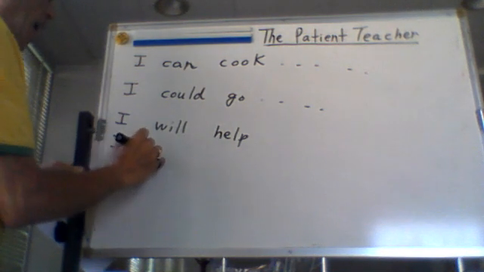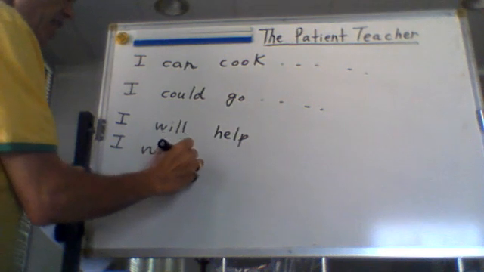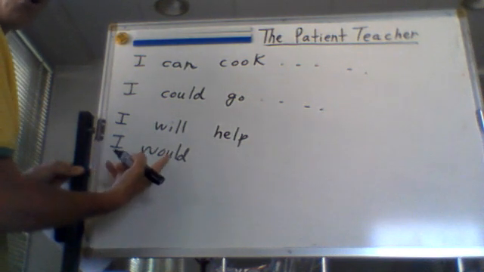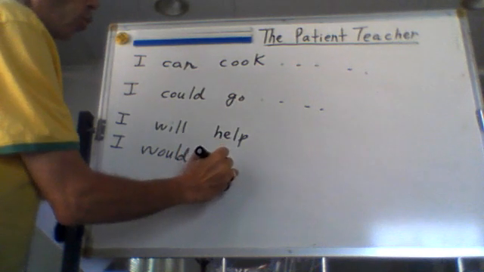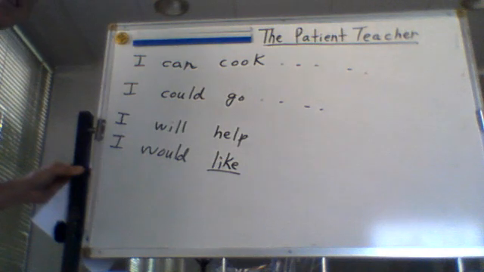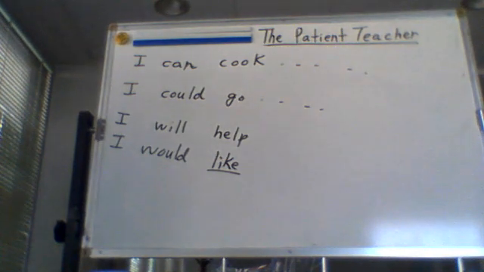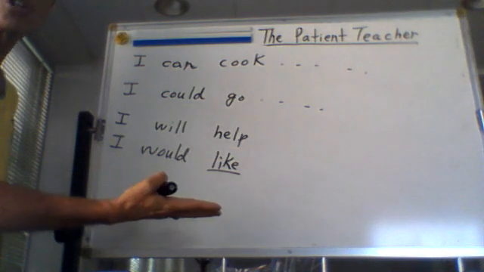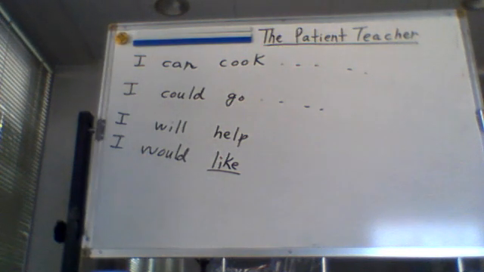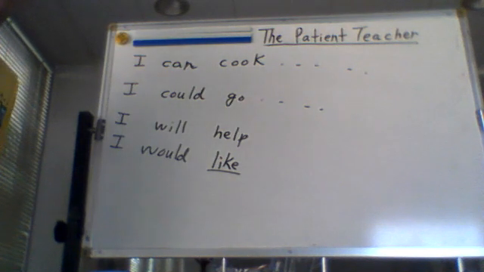And I would. Now, with would, most times you're going to use the verb like. There's a few other verbs that you can use, but most times it will be like. I would like to know. I would like to ask a question.